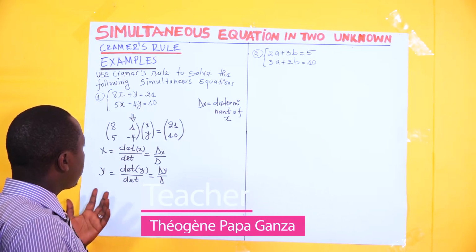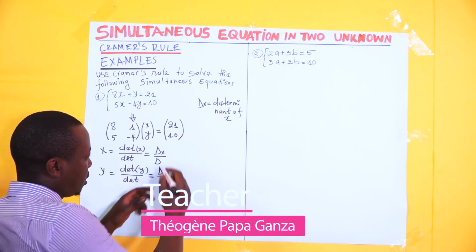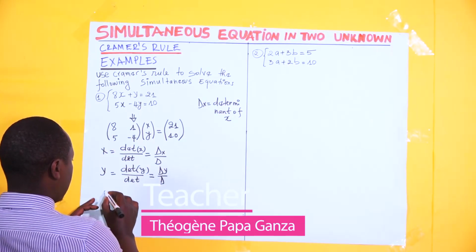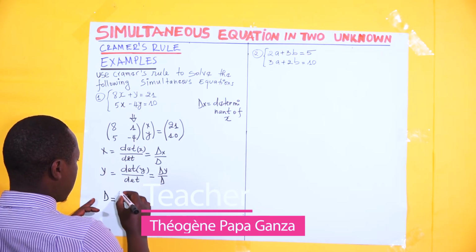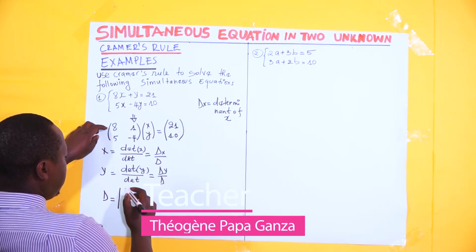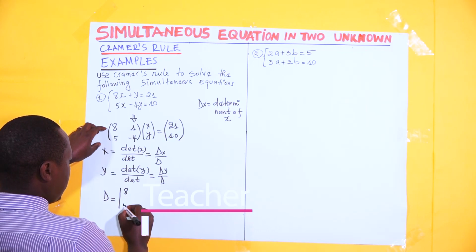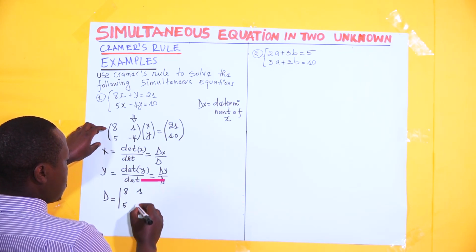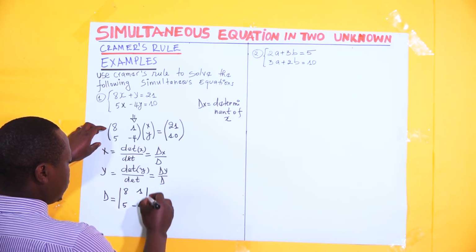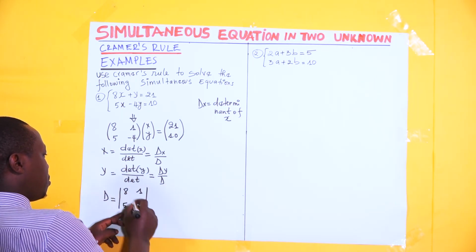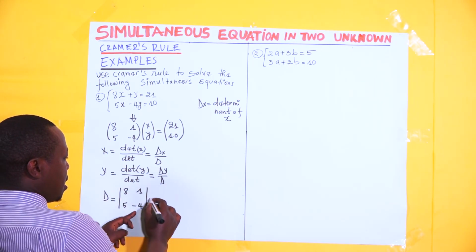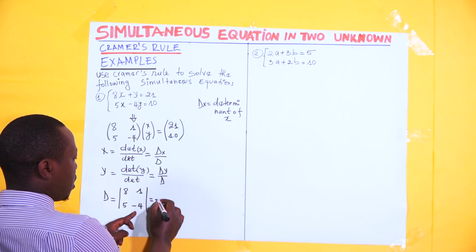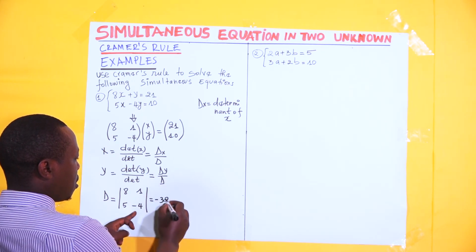Alright, so let's find the determinant. Determinant equals what? We write the coefficients here: 8, 5, 1, and negative 4. How do you find the determinant? You multiply these numbers and you get how much? This is negative 32.